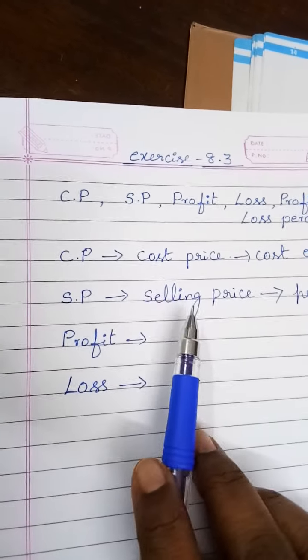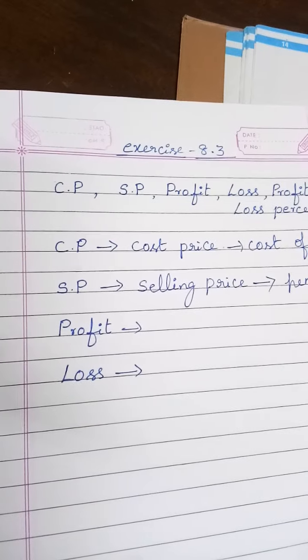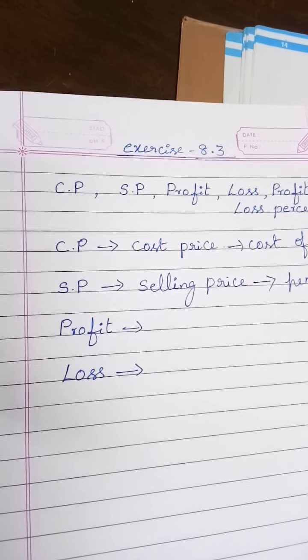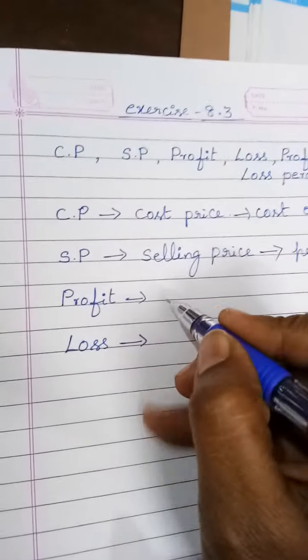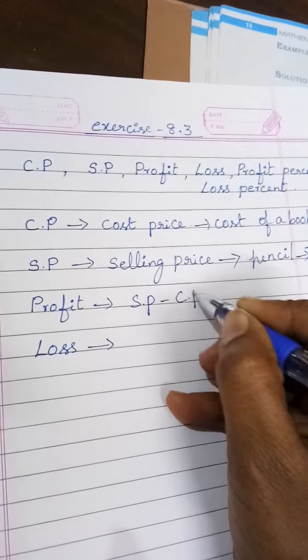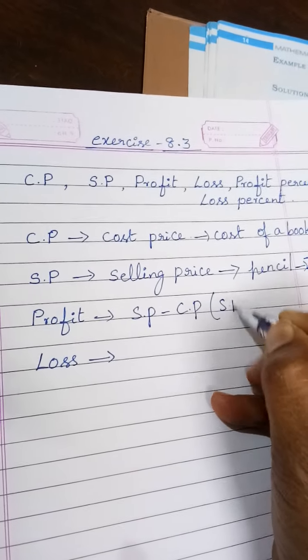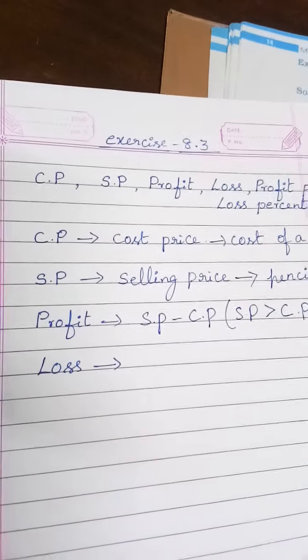Understood? Now we will see profit. What is meant by profit? How can you say that you got a profit? When selling price is greater than cost price, we can say that we got profit.